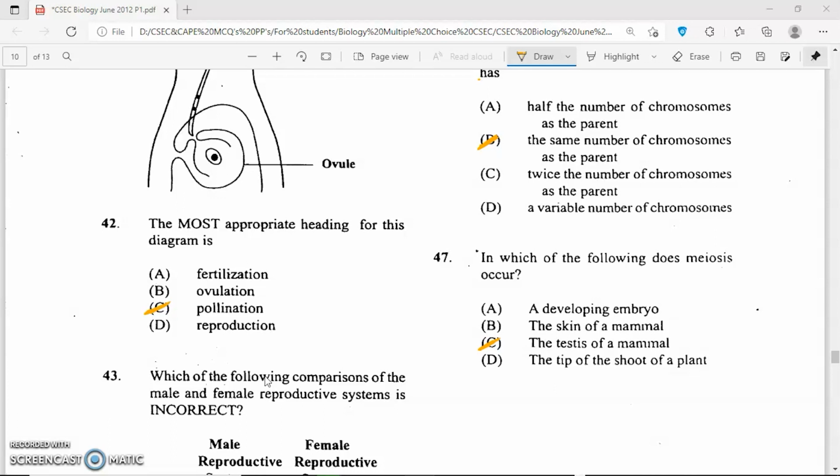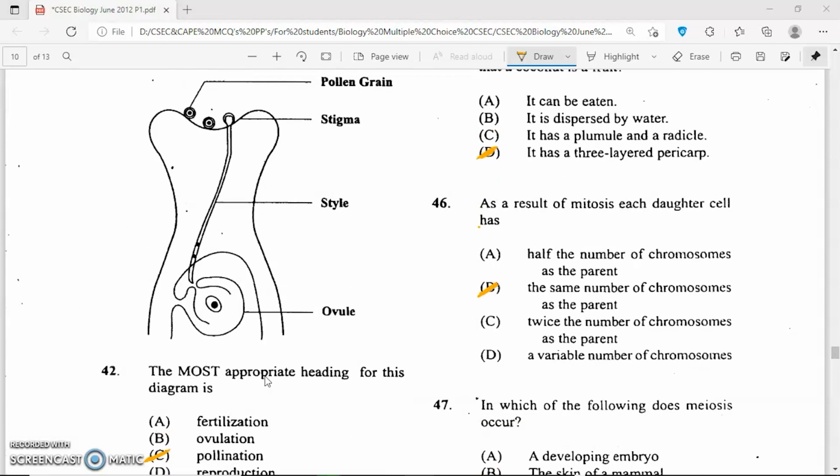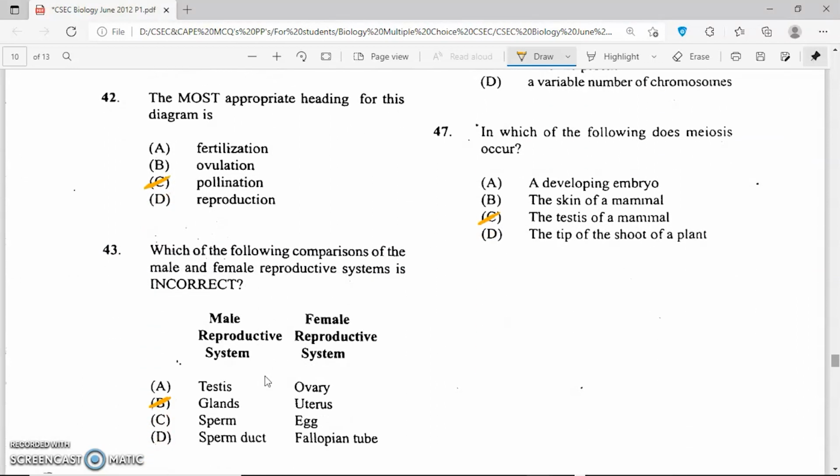Yes, it's part of reproduction, but it's more appropriately called pollination. As you can see here, you have three pollen grains on the stigma, and you start having the growth of the pollen tube down the style to meet the ovule in the ovary. So the answer here is C.